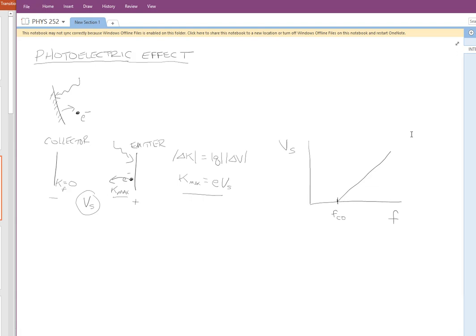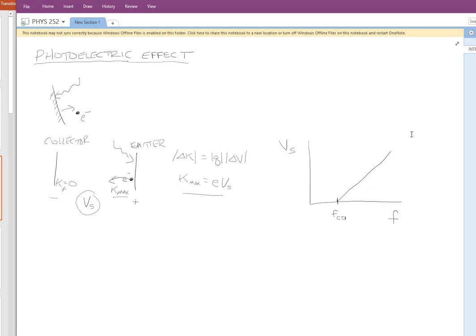Now, with the wave model of light, you could argue that if you increase the frequency, then you do increase the power delivered by the wave. You do increase the intensity, therefore, of the wave, power per area. And it does make sense that an electron should be able to absorb more energy from the wave and come off faster.